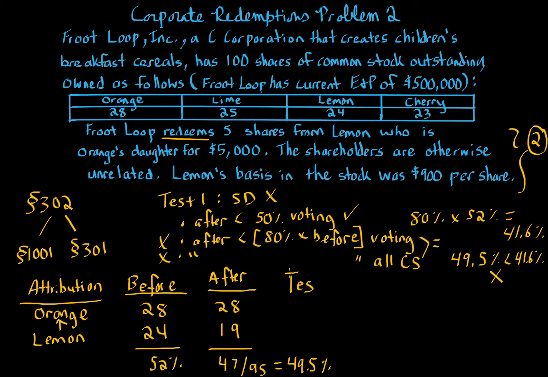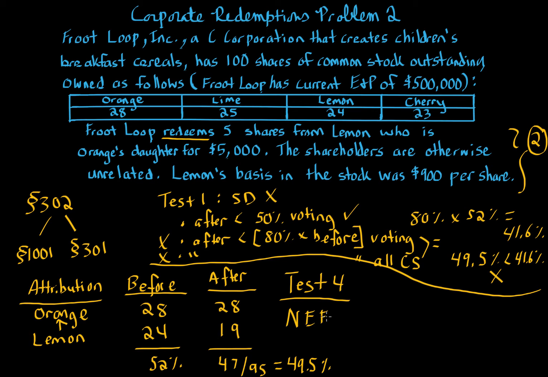Test 4. Let me draw this out here. Give us some space. So test 4, not essentially equivalent to a dividend, NEED. Remember, this is a meaningful reduction in control. Proportionate interest in the corporation, which is viewed as voting, as a super factor, and we look at control, that's the ownership here, is the control of the voting.